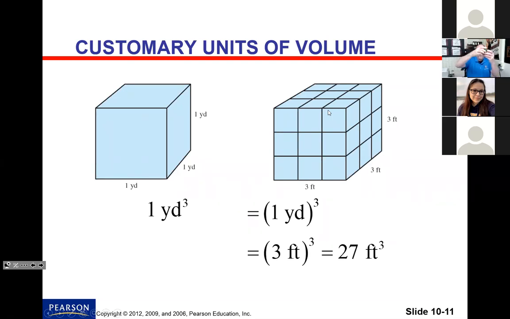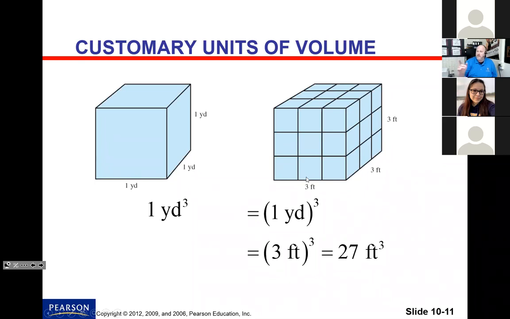I could take the top layer off and the middle layer off and lay them down, right? I could figure out what my length is and my width is. So it'd be 3 by 3, 9 feet long by 3 feet wide by 1 foot tall. That is still a cubic yard. Doesn't make any difference, right? So people will use that conversion when they want to order gravel or dirt or sand.